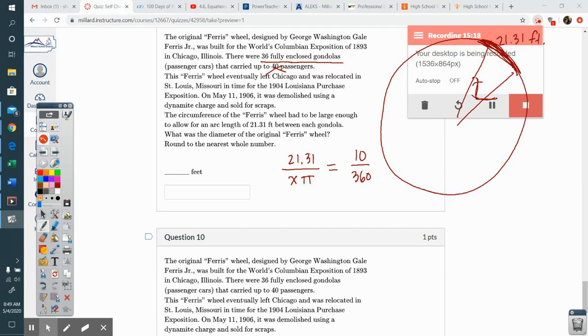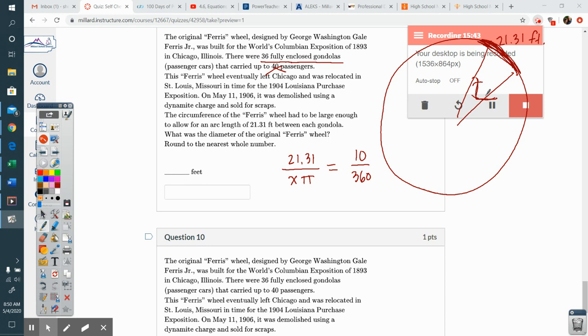Then you multiply that by 360 and then divide it by 10, which gives you what the diameter would have to be. And the diameter right here is 244.19 feet.